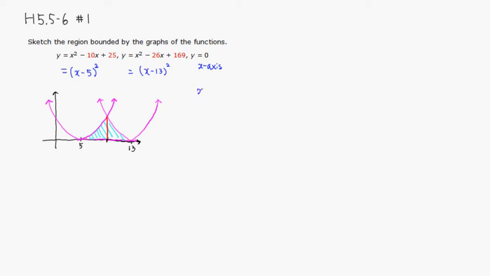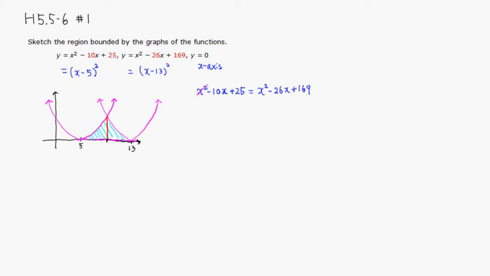So we have x squared minus 10x plus 25, that's the first parabola, and the second parabola is x squared minus 26x plus 169.